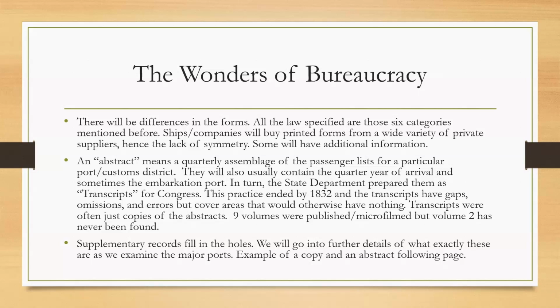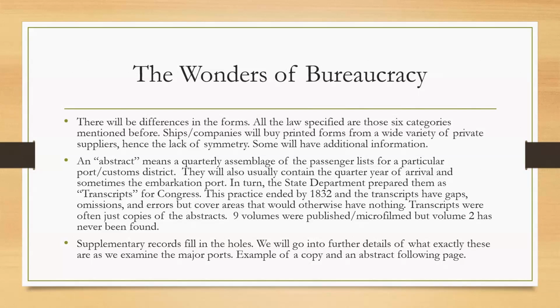And the first of these will be a copy. Many of the original lists were taken and they make a copy of them. And the copy will usually give, besides, of course, the 6 categories required by law, the name of the vessel, embarkation port, arrival port, usually the name of the captain, and the arrival date.